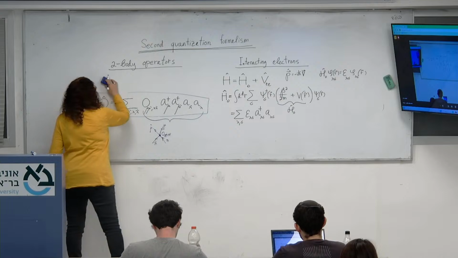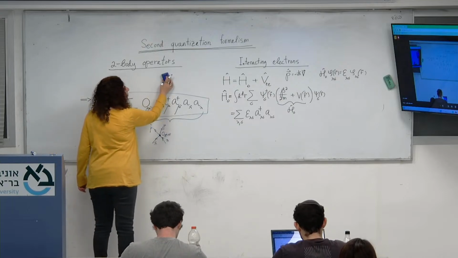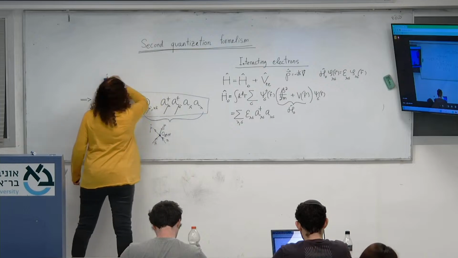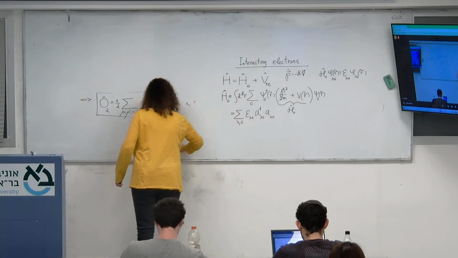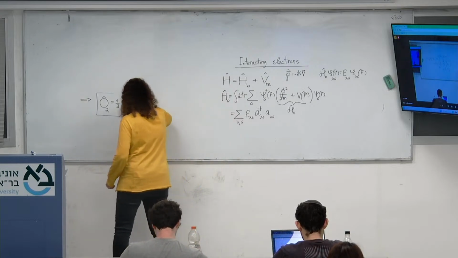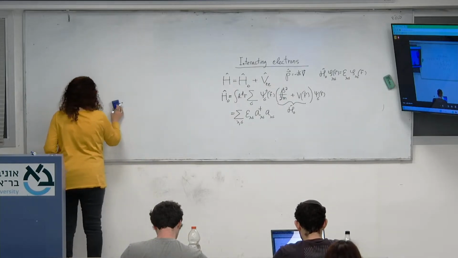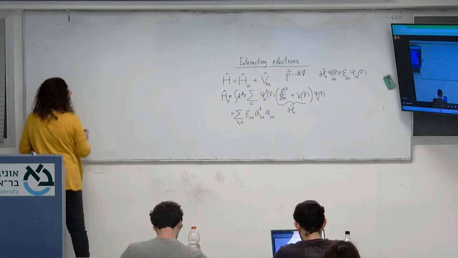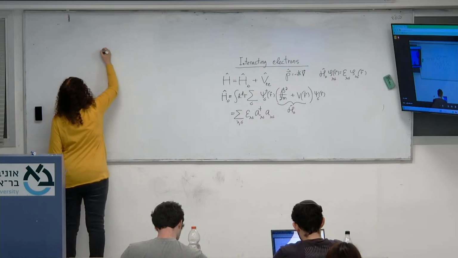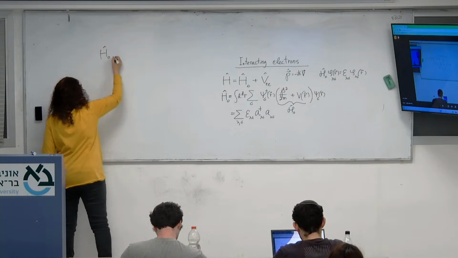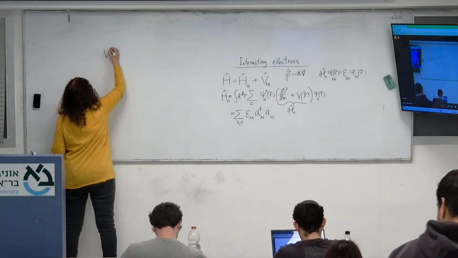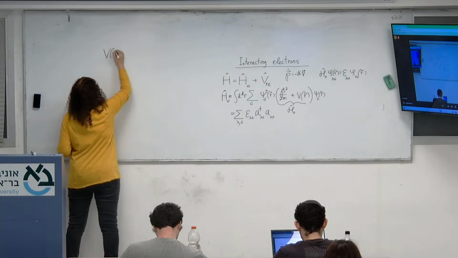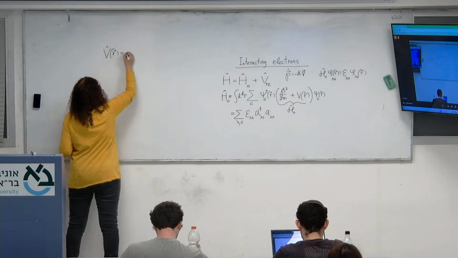Okay, so let me erase all this. V of r is 0.